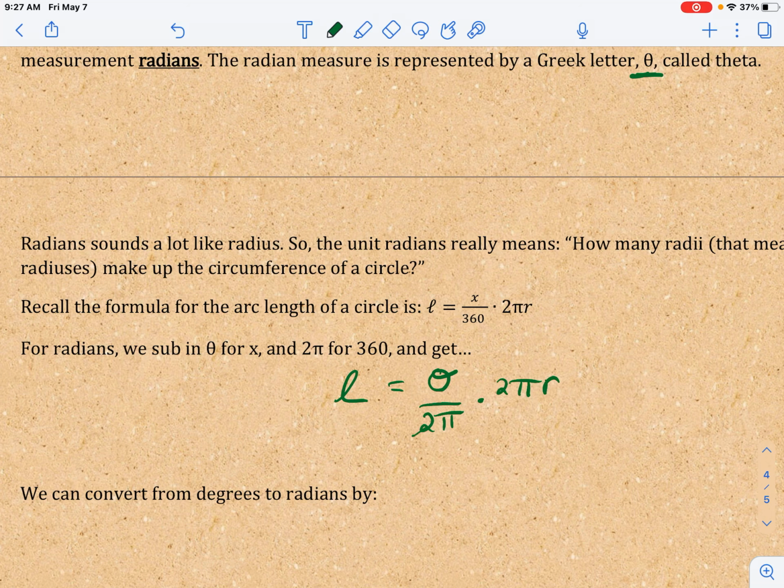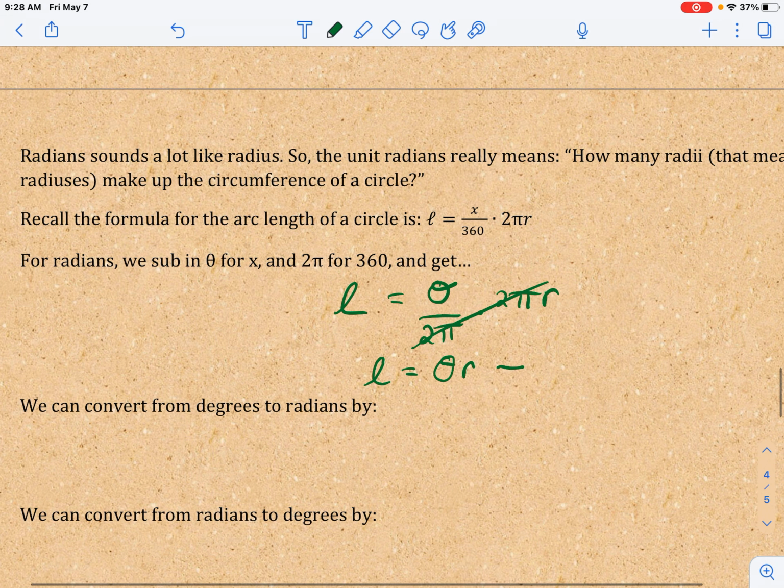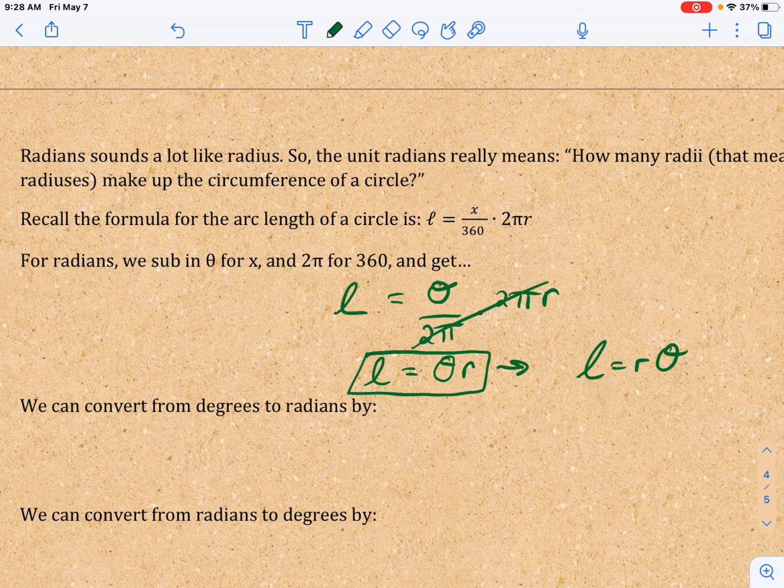Multiply by 2 pi r, these cancel. So the formula to find an arc length with an angle in radians is arc length equals theta times r, or arc length equals r times theta.